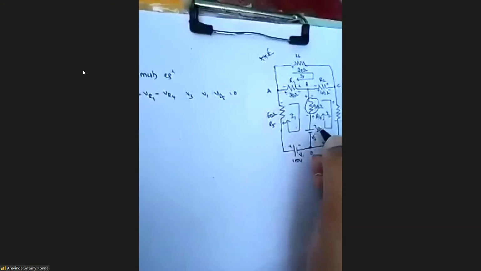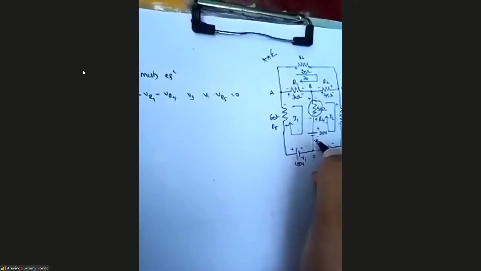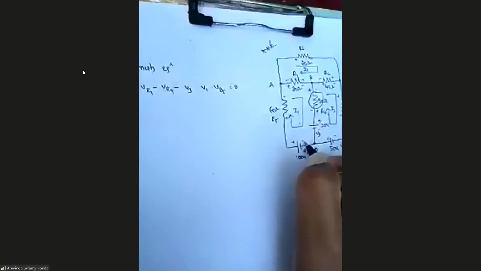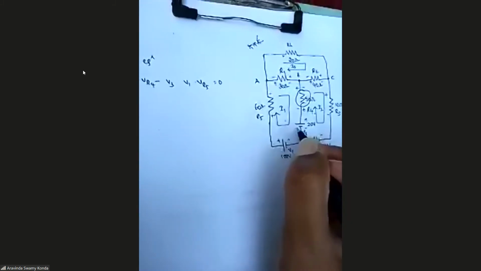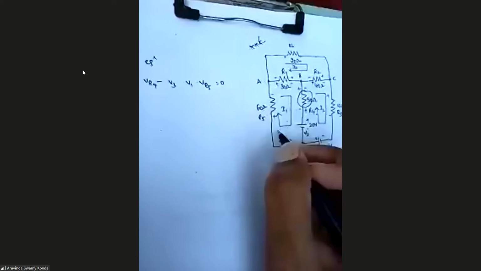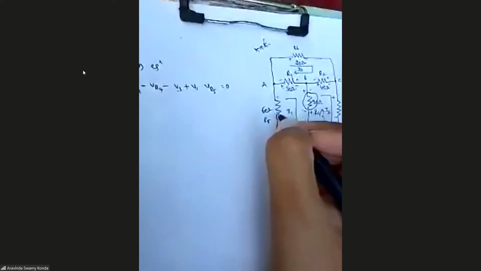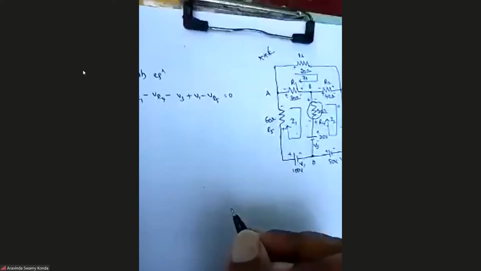And next VR4, it is coming from plus to minus, so it is a minus sign. And V3 is also coming from plus to minus, so minus V3. Now V1: your direction is like this, meaning you are coming from minus to plus, so it is plus V1. Then minus VR5.